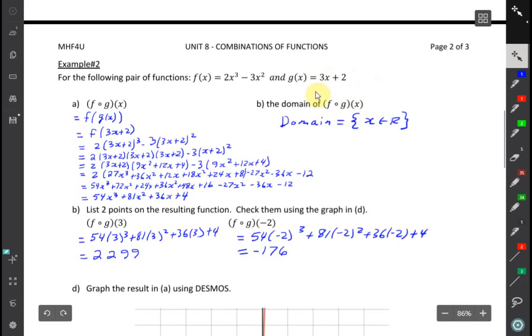This is linear, and we know with a linear that the range of a linear function is y element of R. The domain of a cubic function is x element of R. So we see that the range or output of this function, as it relates to the domain or the input of this function, overlap entirely because they're both element of R. So there was no restriction here in terms of what values we were working with.